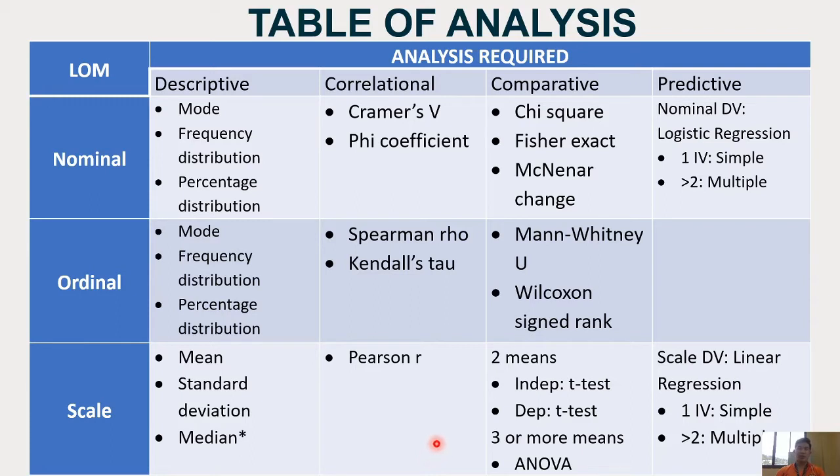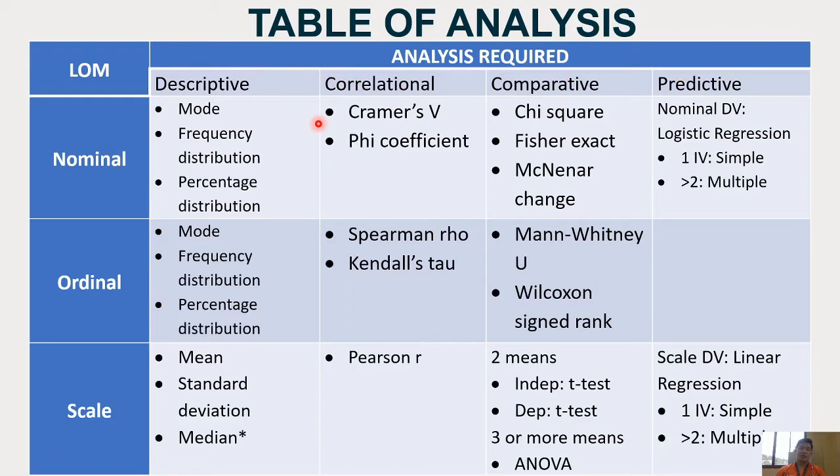So in analyzing a research scenario for the selection of appropriate statistical tool, we have to look at, in this column, the analysis required and the level of measurement or nature of data that has been discussed previously. So in the analysis required, we have to identify if a research scenario is correlational, comparative, and predictive.